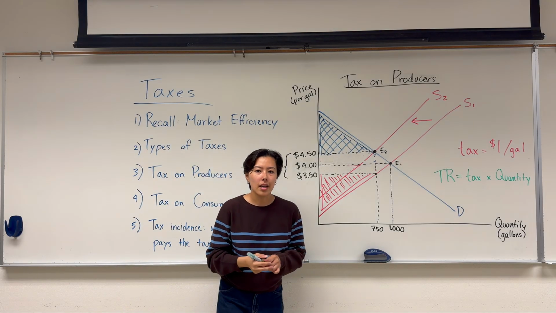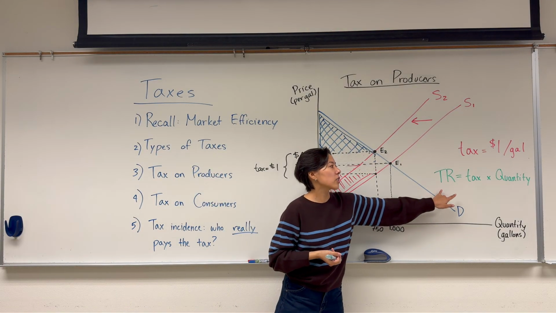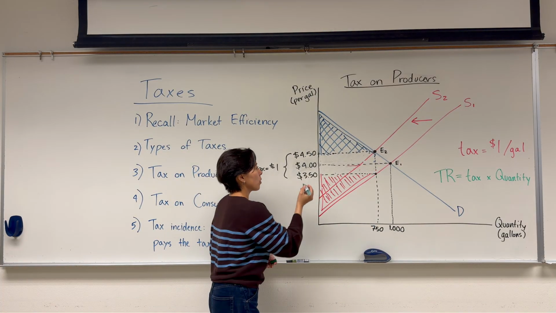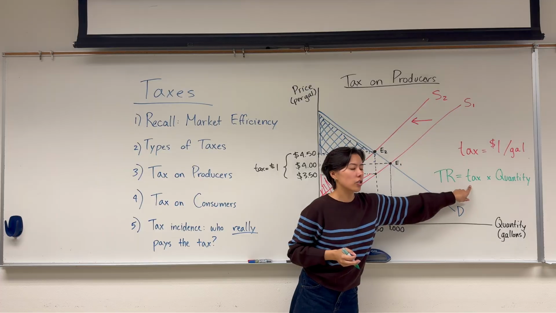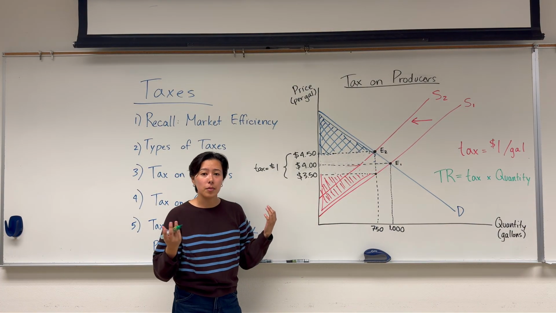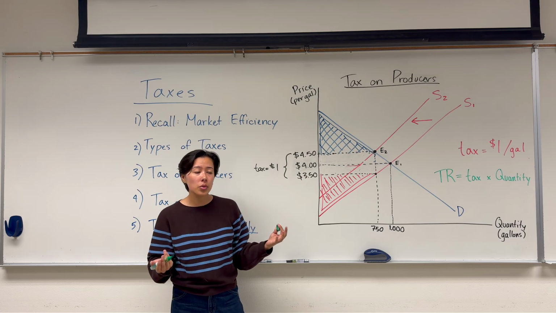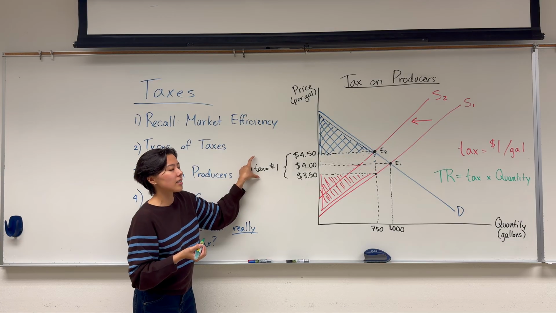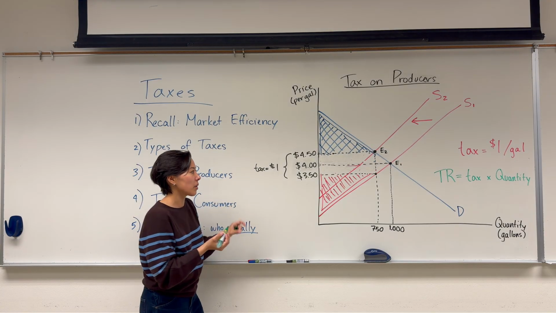Now, like I said, we can actually show our tax revenue on this graph of our market. So remember, our tax revenue is just going to be the amount of the tax multiplied by the quantity of the good that is sold. And if we look on our graph, we can see that this distance here is the amount of our tax, right?